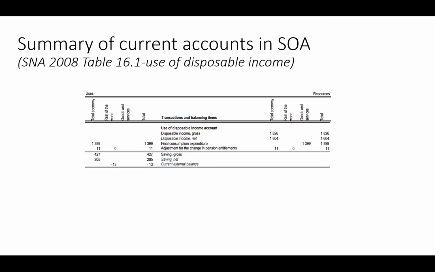Use of disposable income has final consumption expenditure, an adjustment for the change in pension entitlements, the balancing items here, saving, gross and net, and current external balance.